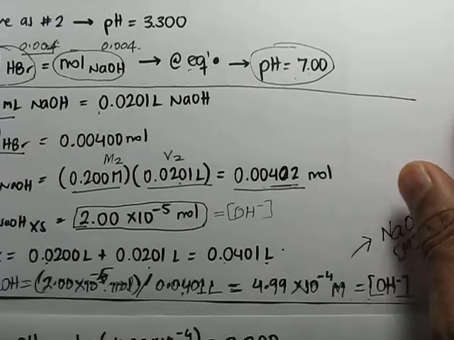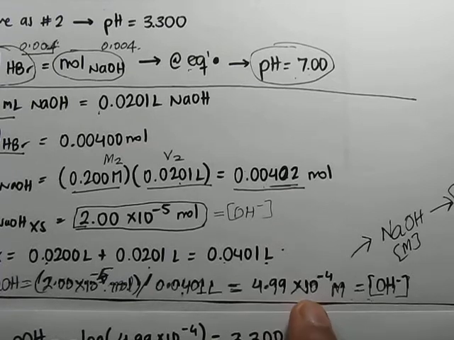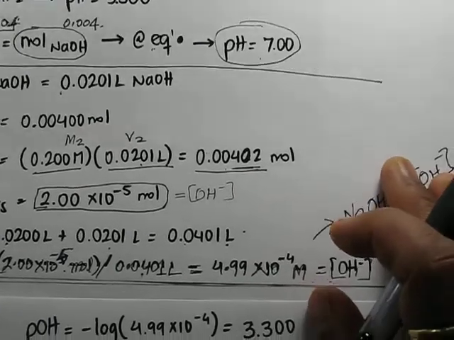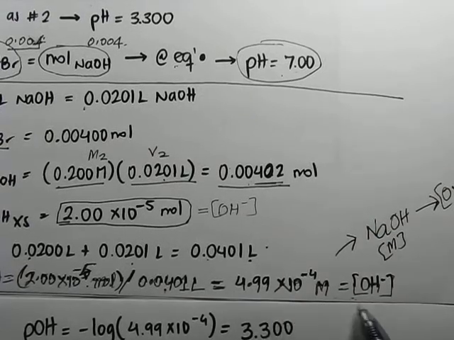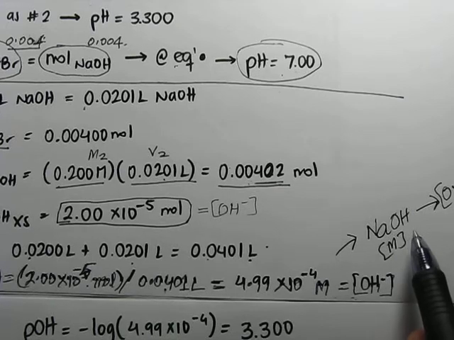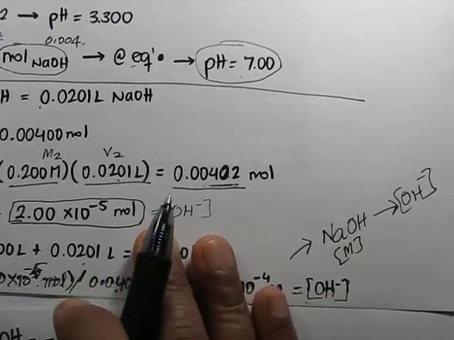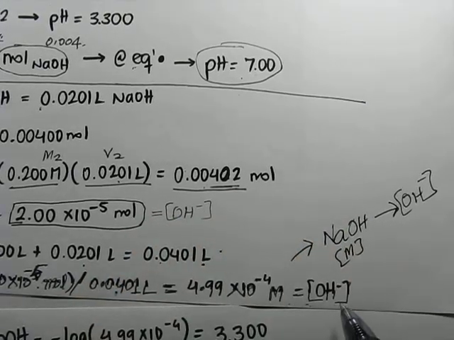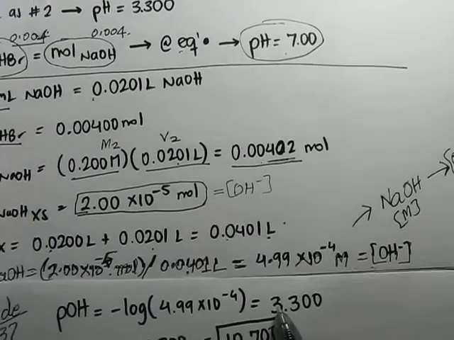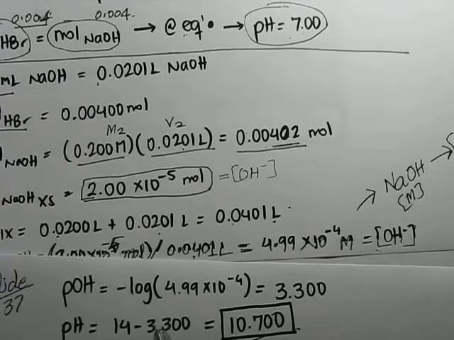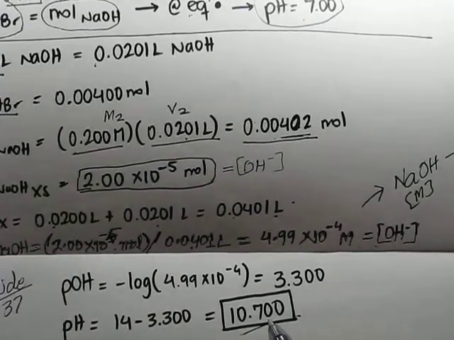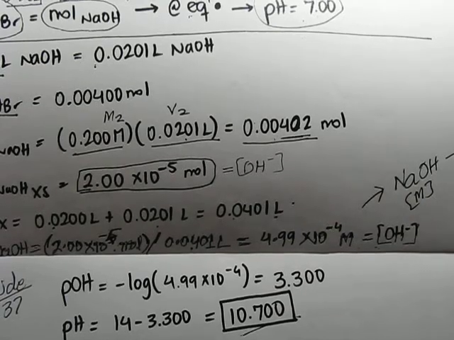Once we know the molarity of NaOH, we can calculate the molarity of hydroxide ion. Basically, excess NaOH means NaOH will dissociate 100% and give the exact same concentration of hydroxide ion. So we can take the negative log of hydroxide ion to get the pOH. Once we know the pOH, we can subtract it from 14 to get the pH. So this was the next condition.